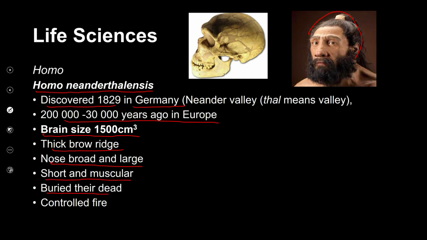They buried their dead, and they controlled fire. So they were able to use fire for whatever purpose, whether it was cooking or warming up or heating. They lived in caves. They lived in Europe, where it can get quite cold in winter. By controlling fire, besides cooking their food and for heat, it also extended daylight hours.